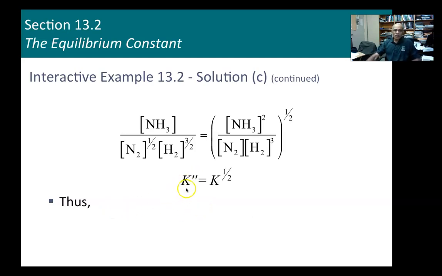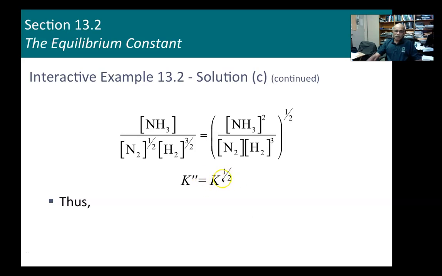So if you are going to multiply an equation by a factor, in our case here we will multiply it by half, that is going to raise the K value to the exponent of that factor you're multiplying with. So it can be either multiplying by half or multiplying by 2 or any constant, any integer.